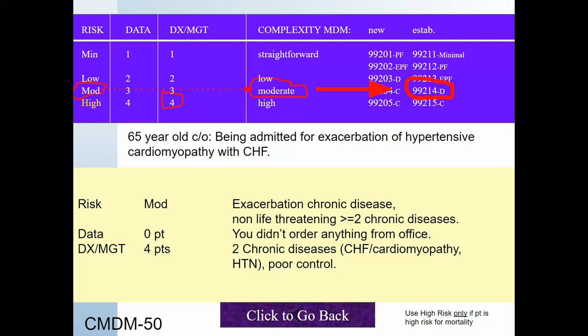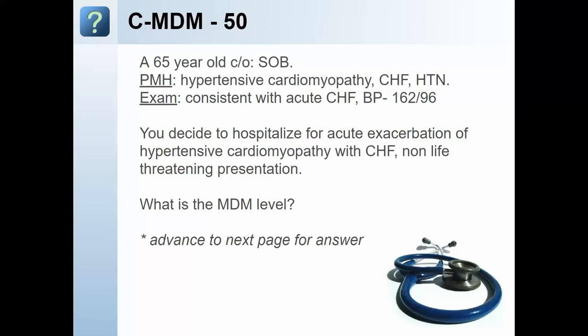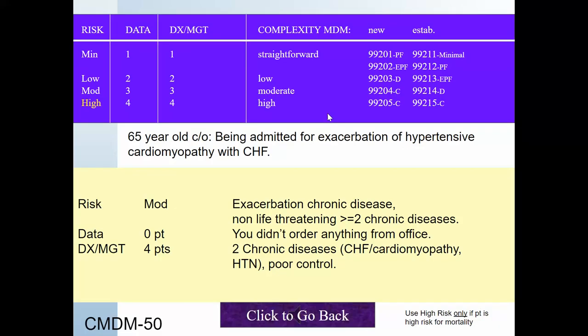And the patient also has 2 or more chronic diseases. Also, in the history, I didn't really put in that the patient might have been on prescription medication, but if the patient was on prescription medication, another criterion would have been met for moderate risk.